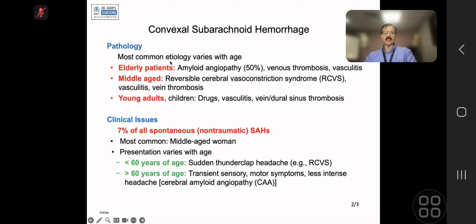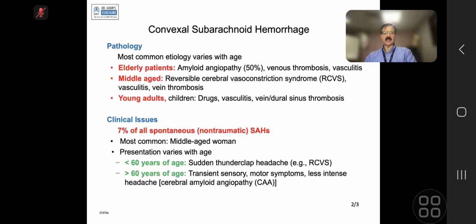What is the etiology? The most common etiology varies with age. In elderly patients, it is amyloid angiopathy, 50%, or venous thrombosis, vasculitis. In middle-aged, reversible cerebral vasoconstriction syndrome, vasculitis, vein thrombosis. In young patients, look at this one: drugs, vasculitis, veins, dural sinus thrombosis.